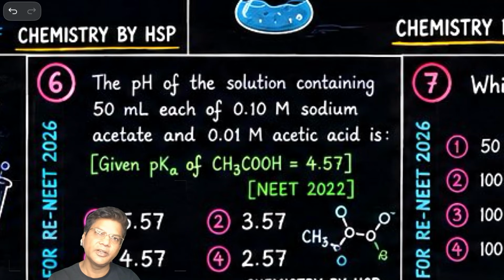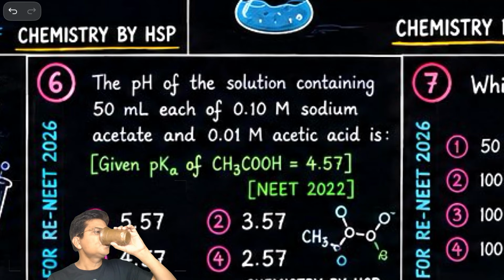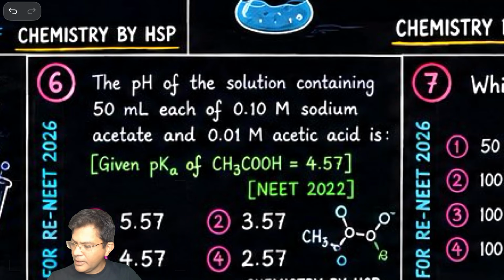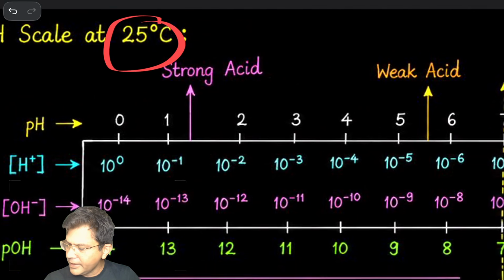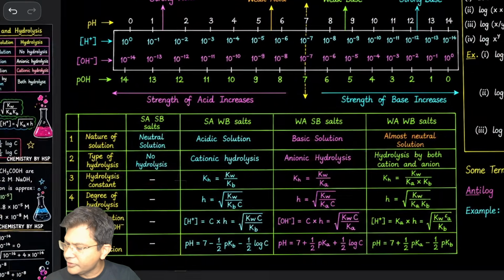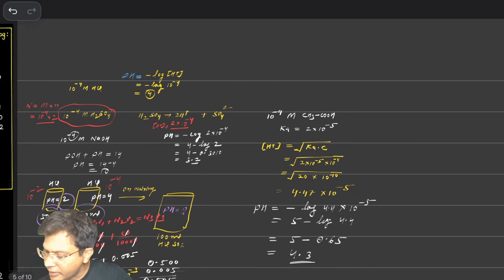If acid is weak, salt of strong base, acidic buffer. Base is weak, salt of strong acid, basic buffer, right?